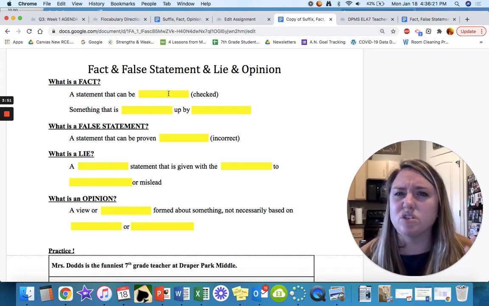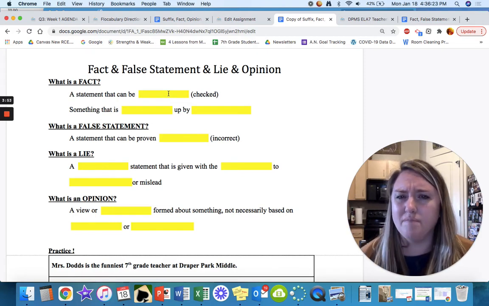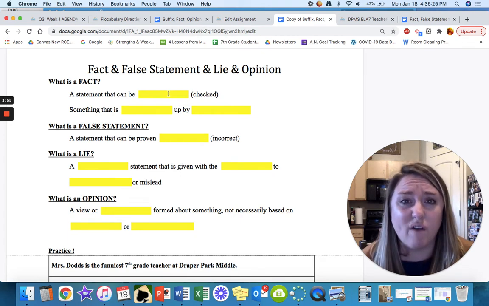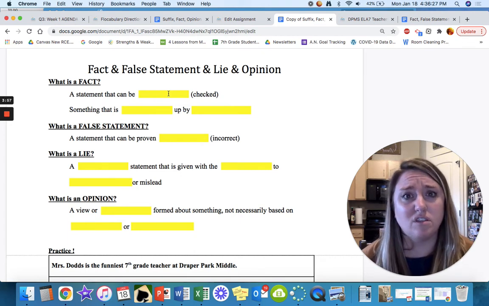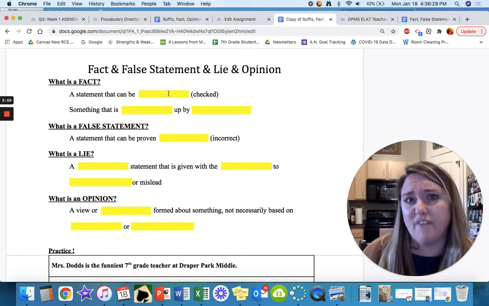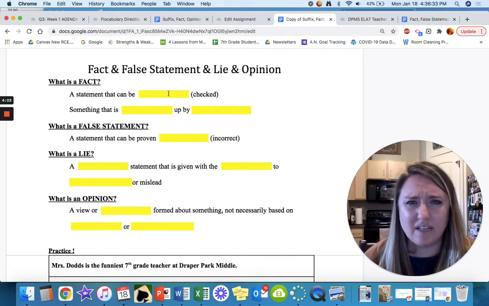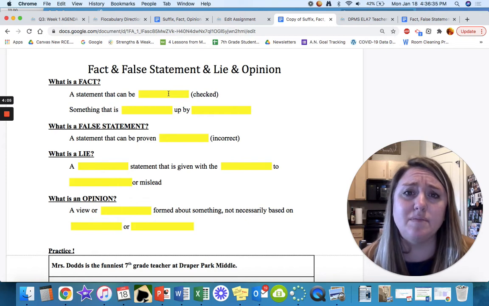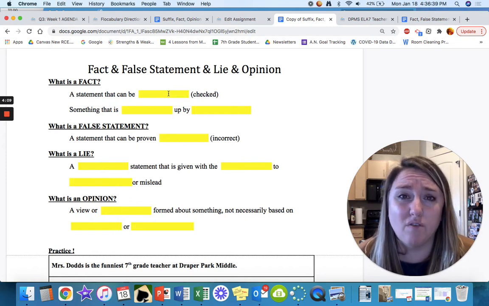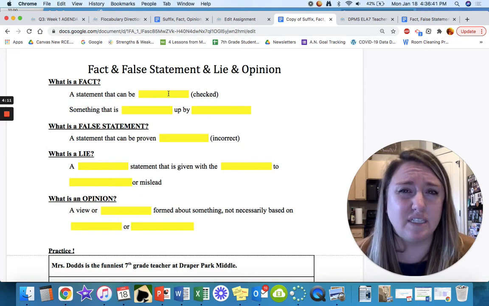They're just remembering wrong. Maybe they just measured incorrectly. Maybe they're not using their thermometer correctly, so they're getting their Fahrenheit incorrect. Some sort of data that's messed up. But when someone tells a lie, they know that it's wrong. They know that it's been proven wrong, and they're intending to mislead somebody.